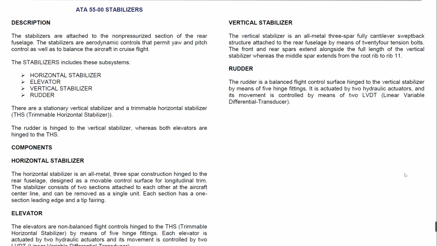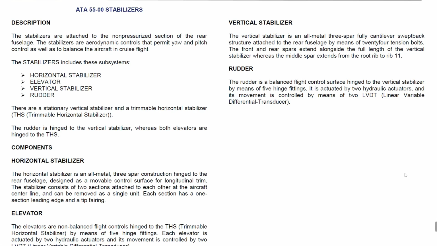And the rudder is a balanced flight control surface hinged to the vertical stabilizer by means of 5 hinges. Okay? There were 5 also for the elevator, 5 also for the rudder. Again, the rudder is actuated by 2 PCUs, and control is coming from LVDTs.